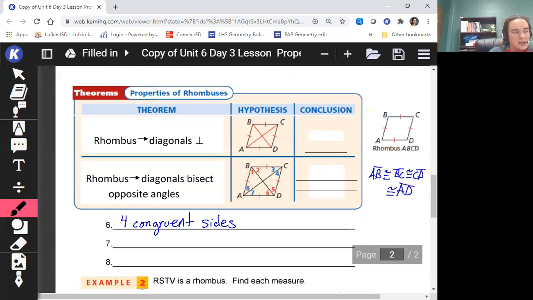The other thing we know is that the diagonals are perpendicular, which means that they make right angles where they intersect.